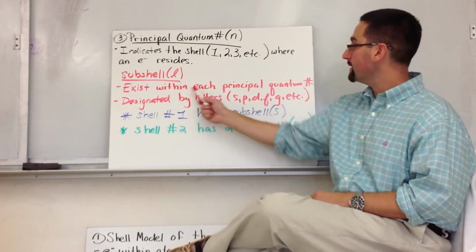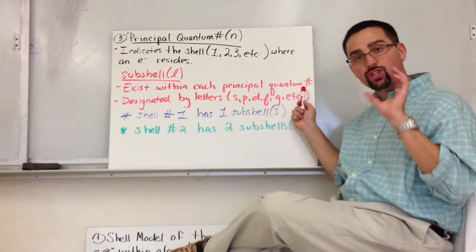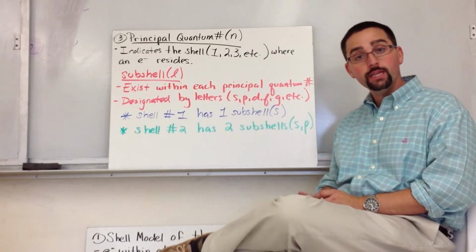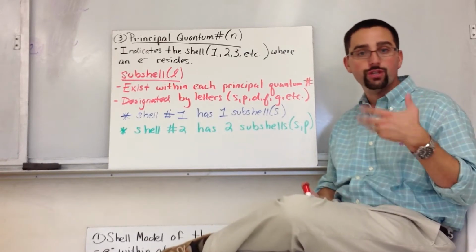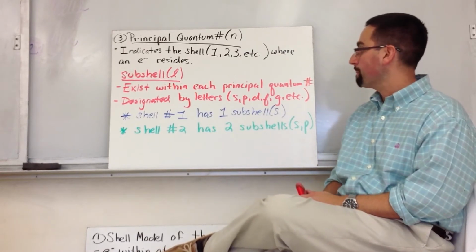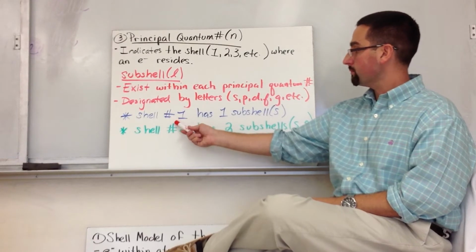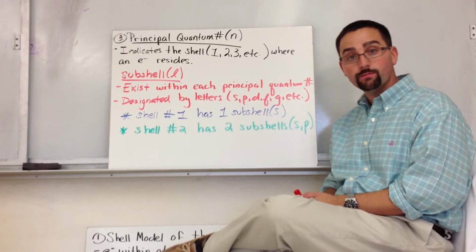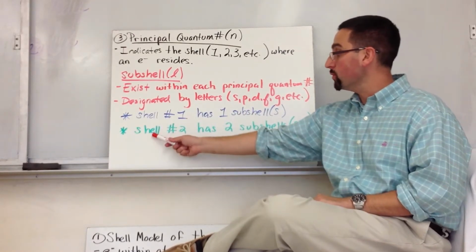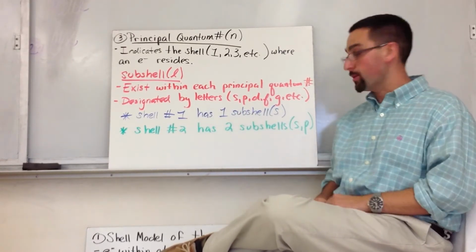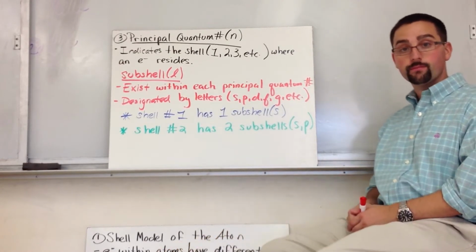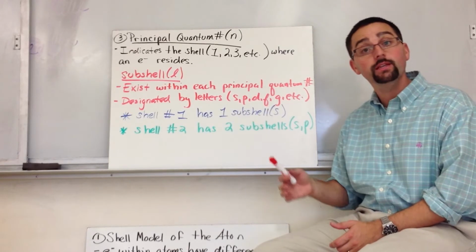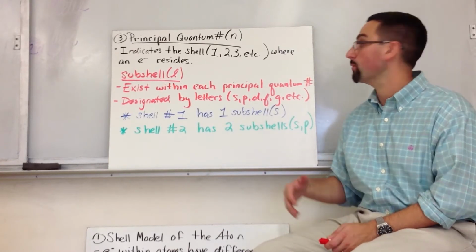They exist within each principal quantum number, the shell number, and they're designated by the letters S, P, D, F, G, etc. Shell number 1 has one subshell called the S subshell. Shell number 2 has 2 subshells, S and P. The third shell has 3 subshells, S, P, and D, and so on and so forth.